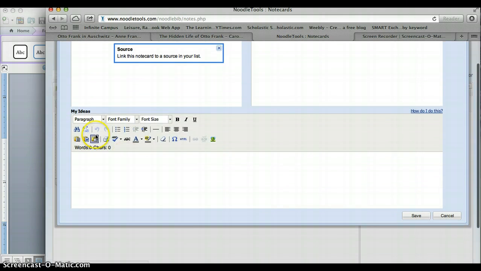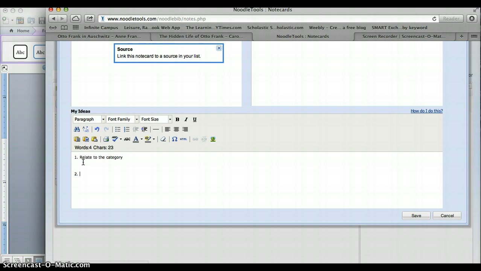Down below that where it says my ideas, well, your idea is going to be your explanation. And for your explanation, every single time you do this, you're going to put a number 1, relates, make sure you spell correctly. Number 1, relates to the category.